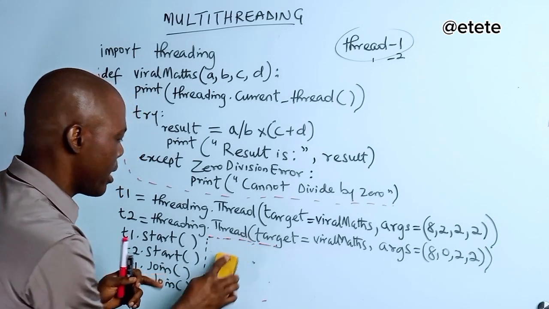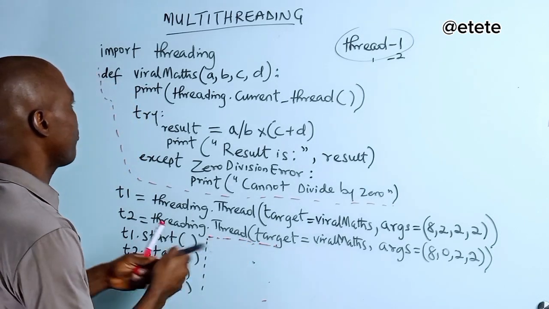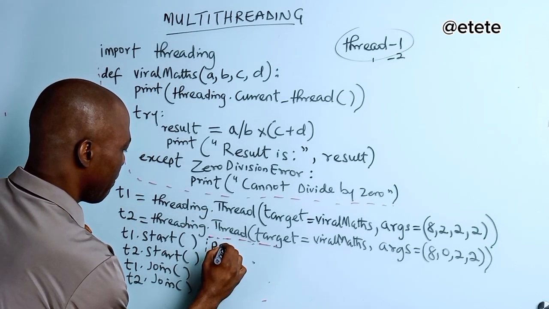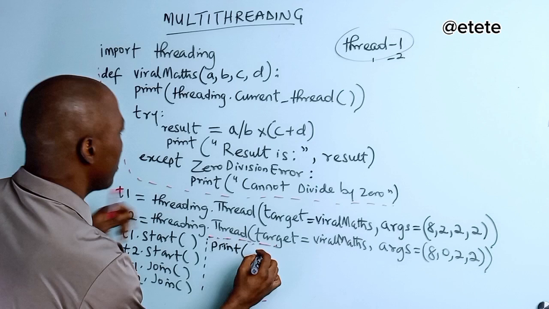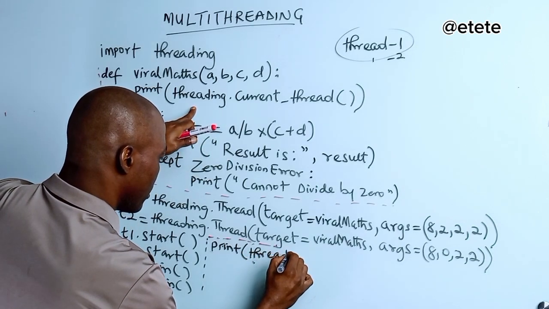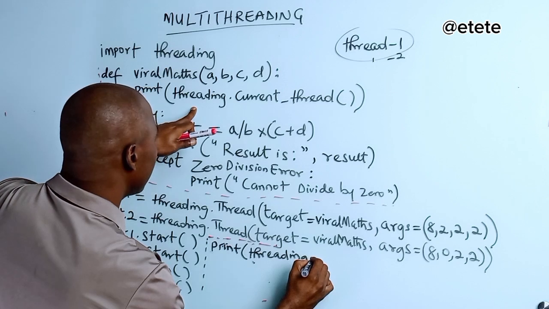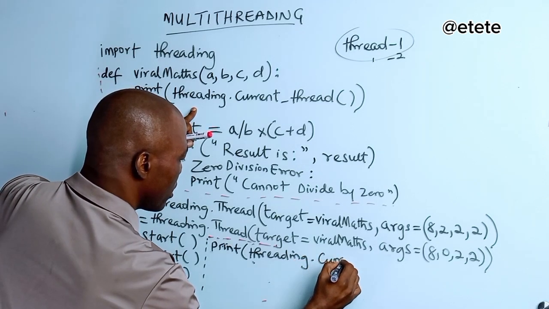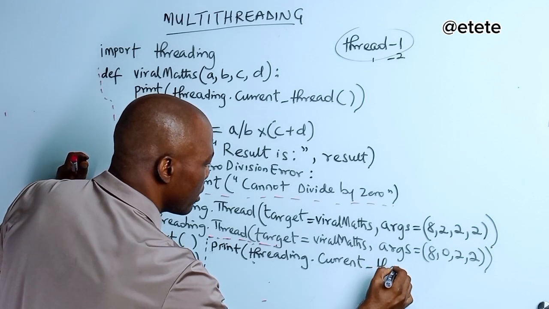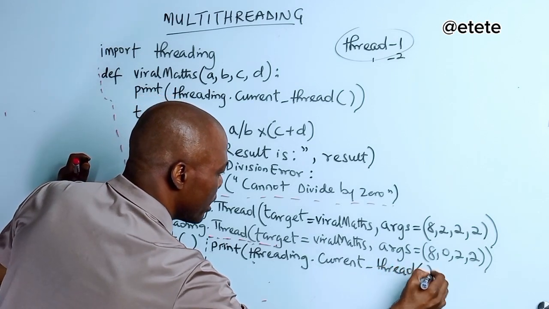let me come here and say print this threading dot current underscore thread method.